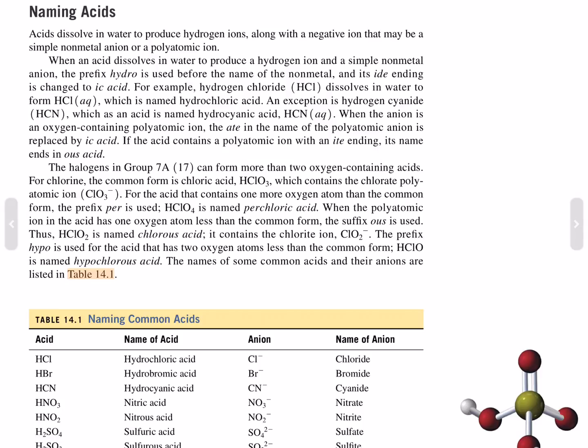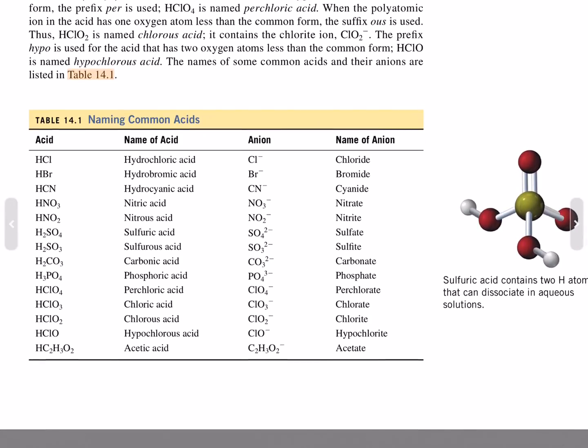Thus, HClO2 is named chlorous acid, and it contains the chlorite ion, ClO2 negative. The prefix "hypo" is used for the acid that has two oxygen atoms less than the common form. HClO is named hypochlorous acid. The names of some common acids and their anions are listed in Table 14.1.